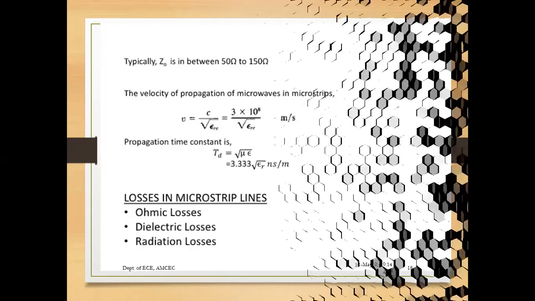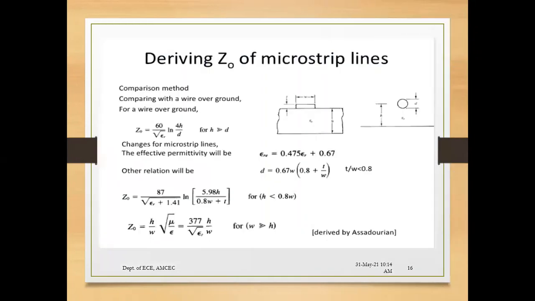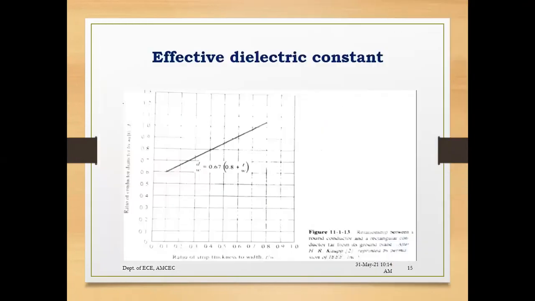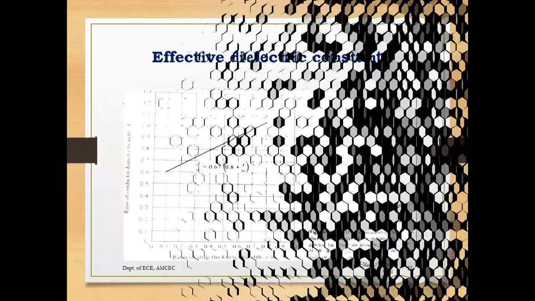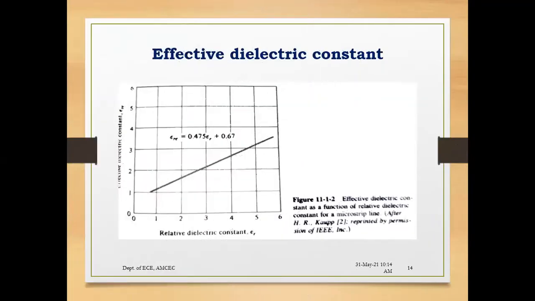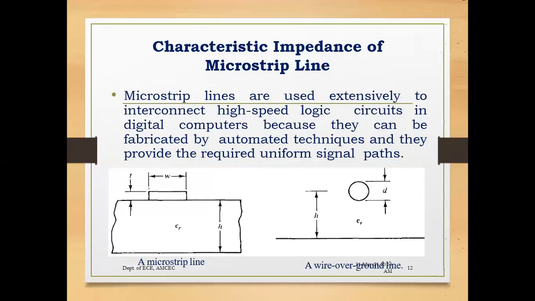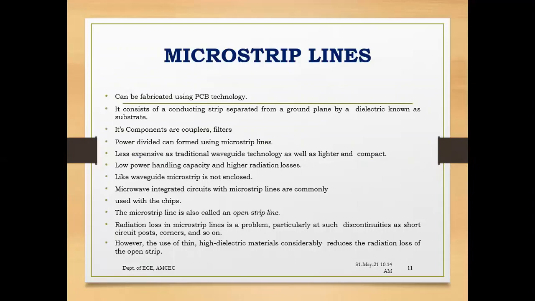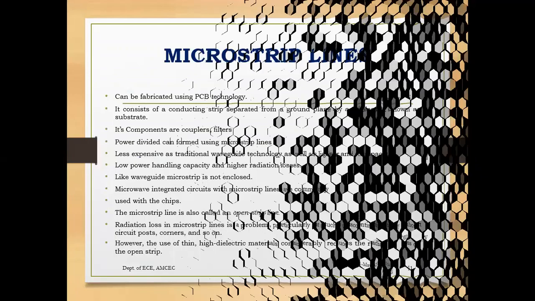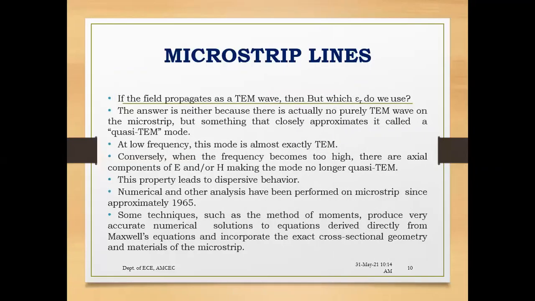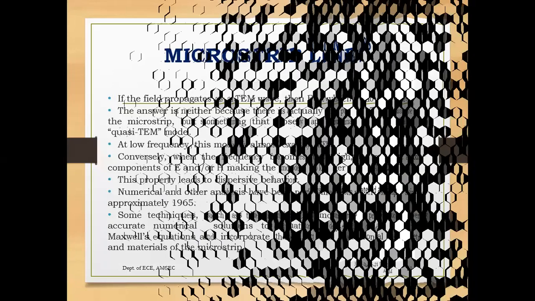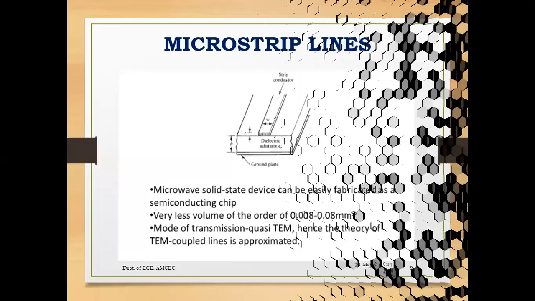The only thing you have to remember here is you should know what is actually a microstrip line, first of all. If you don't understand that imagination of a microstrip line, then you cannot do certain derivations. So initially, just remember a strip line is nothing but a conductor where you will have a ground plane, a substrate with thickness and dielectric constant.